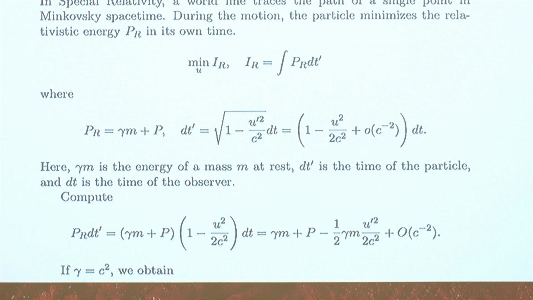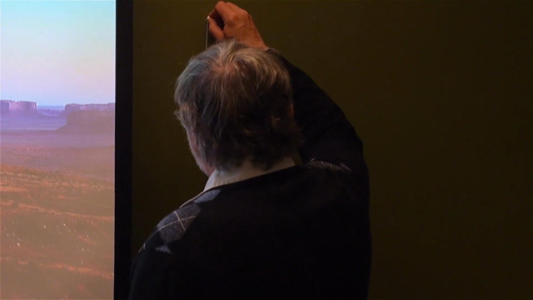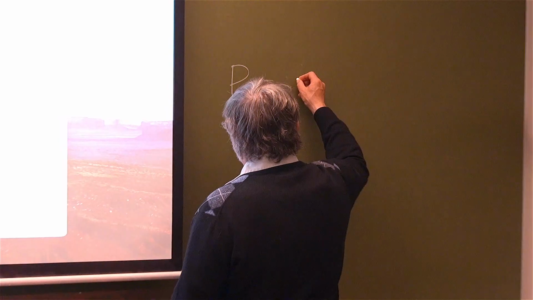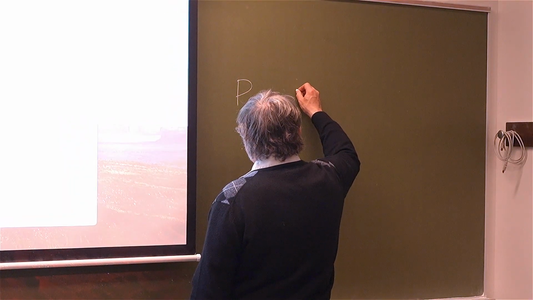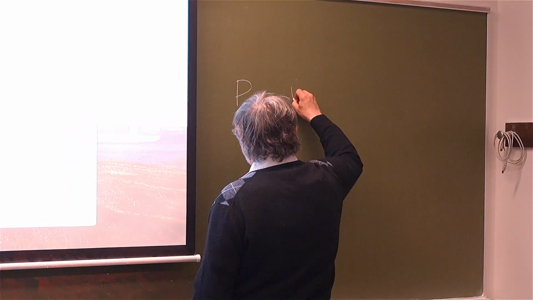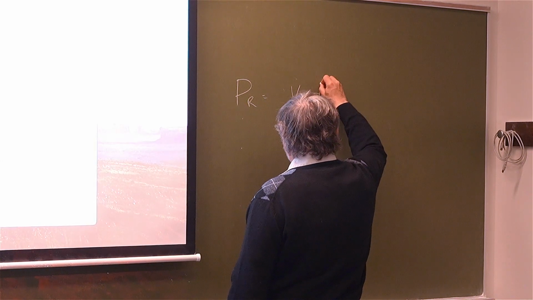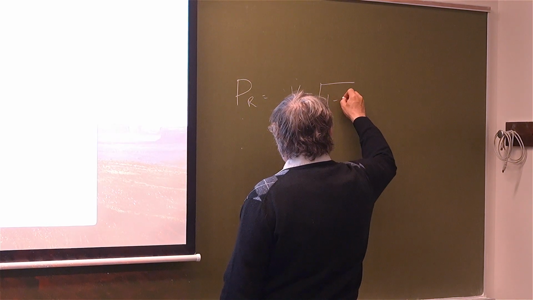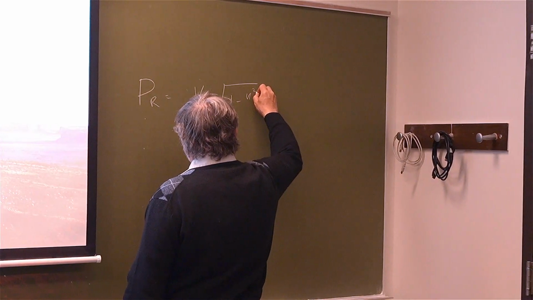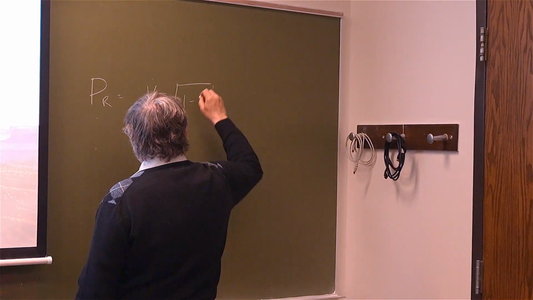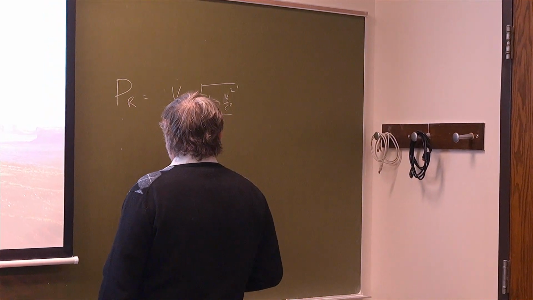So, a constant multiplied by the square root. Take PR, say some function of V, multiplied by the square root of 1 minus v squared over c squared.